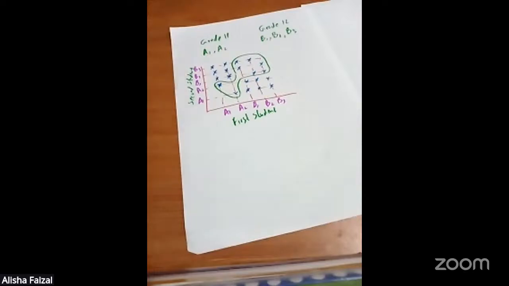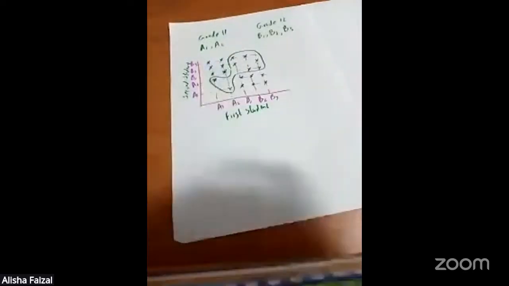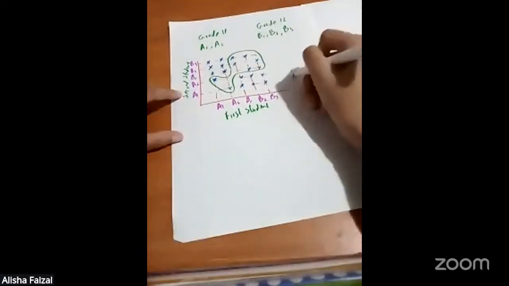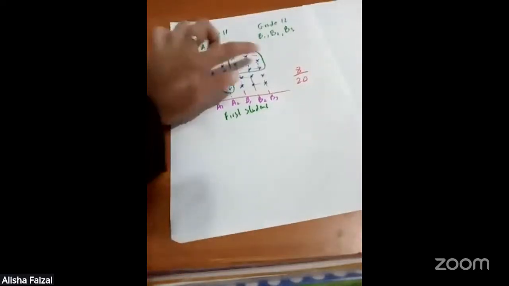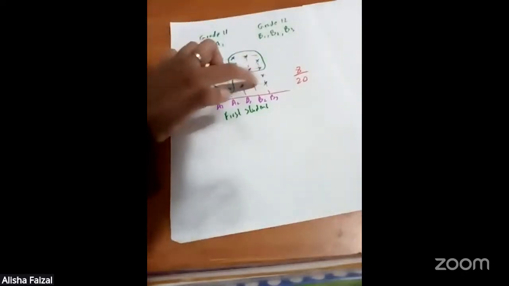Now, what is the answer? 8 over 20. We'll see how many. Yes, the answer is correct, because we count 1, 2, 3, up to 20 in total.